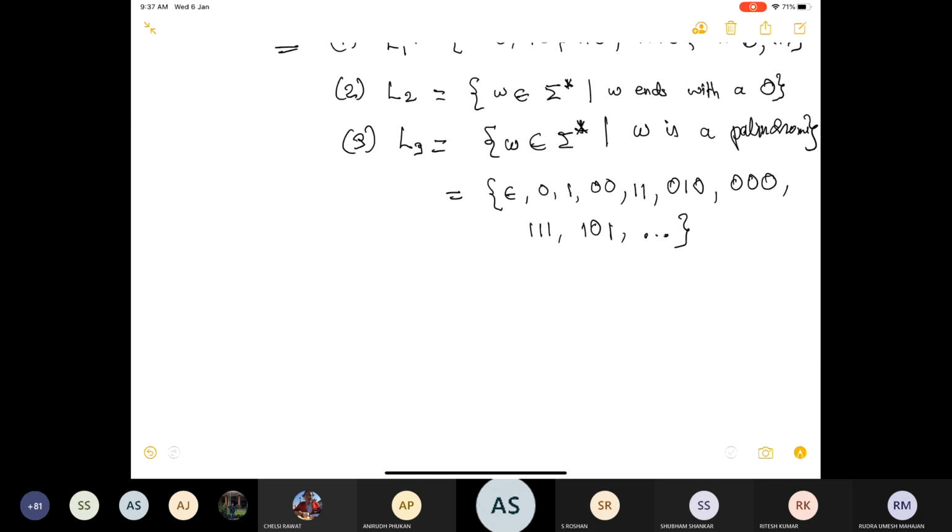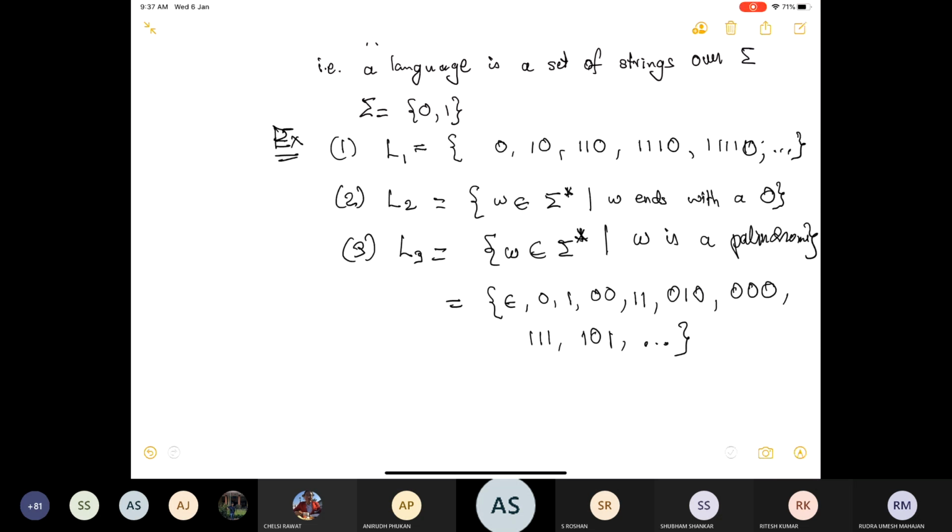These are all examples of languages. So a language is a set of strings, and a language can be either infinite or finite. The examples I've taken are all infinite languages, but it can be a finite set also.